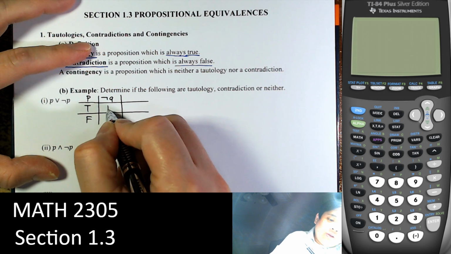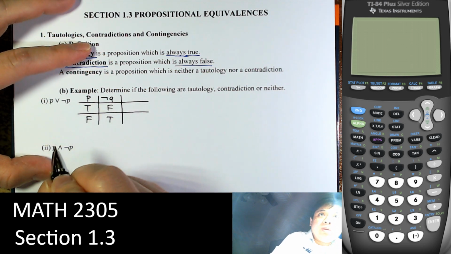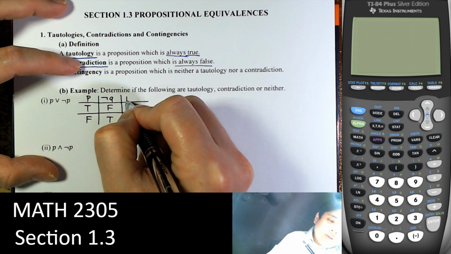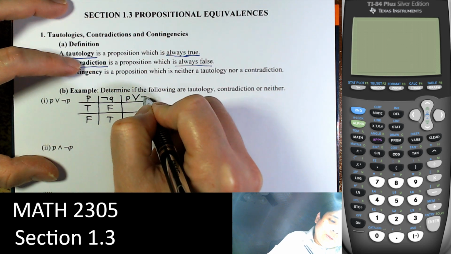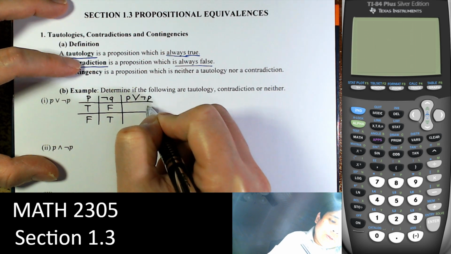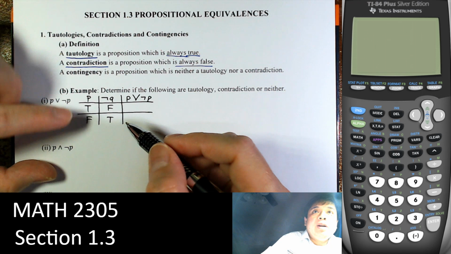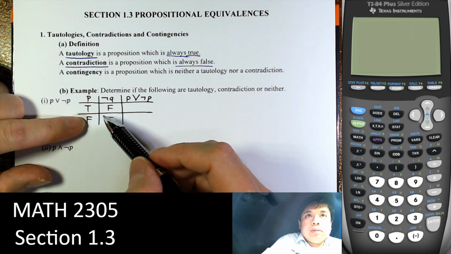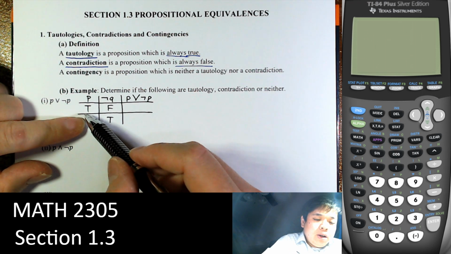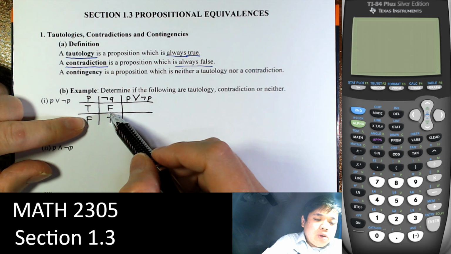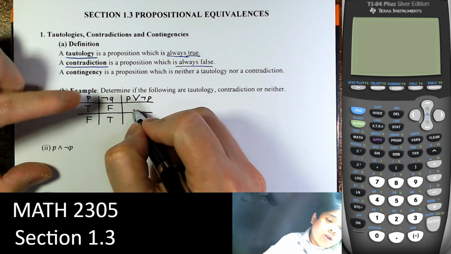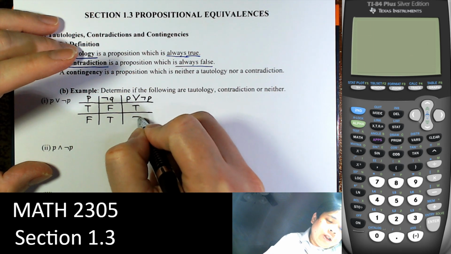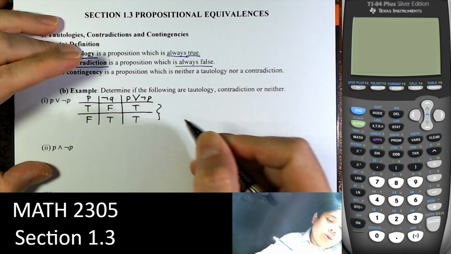So this is just false, true, and now it's OR. One of them is true, so OR is going to be true. Both rows are true, so this is a tautology.